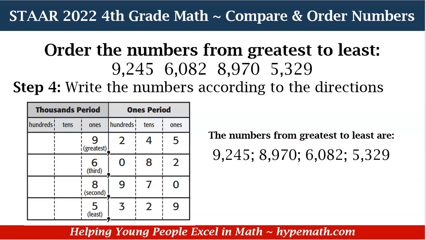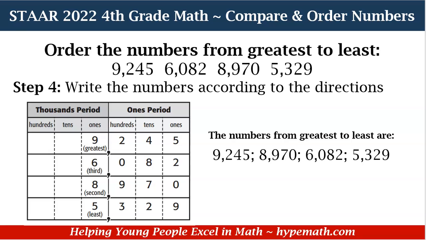And you guessed it, it's 9. So now that we know our first number in our list is 9,245, we're going to ask ourselves, what's the second greatest number after that? And it is the 8.